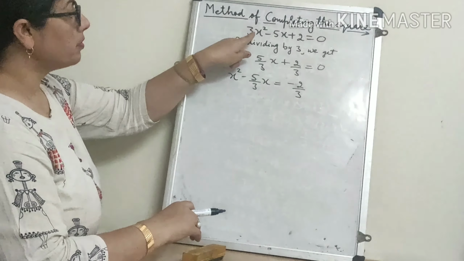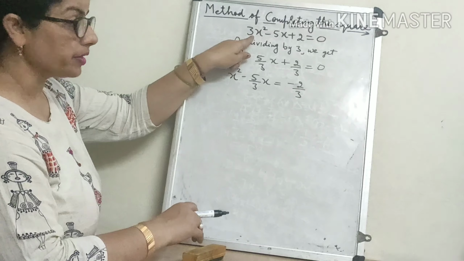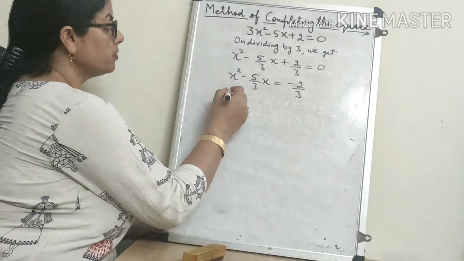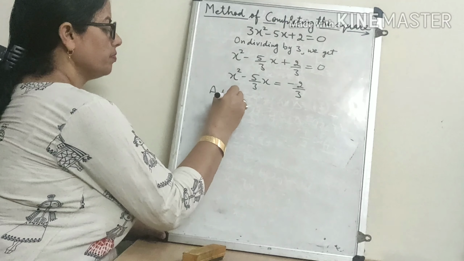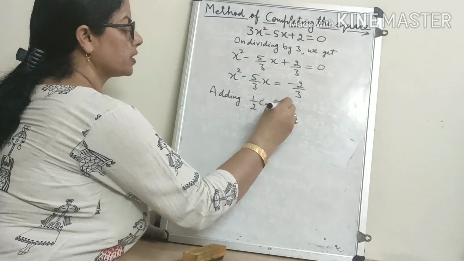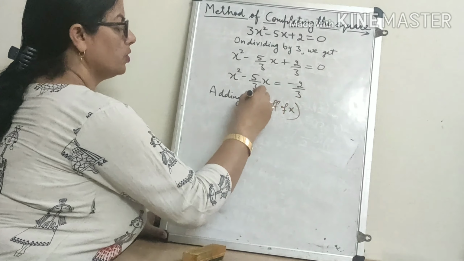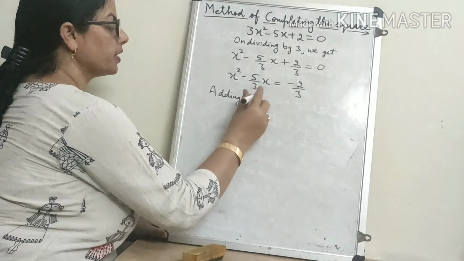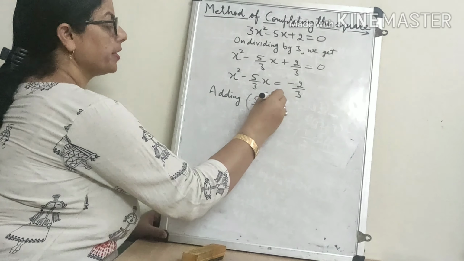First step, make the coefficient of the highest degree term 1. Second step, constant term to that side. Now adding half of the coefficient of x, whole square, that is 5 by 6. I have solved it here. You can also solve it on the side.